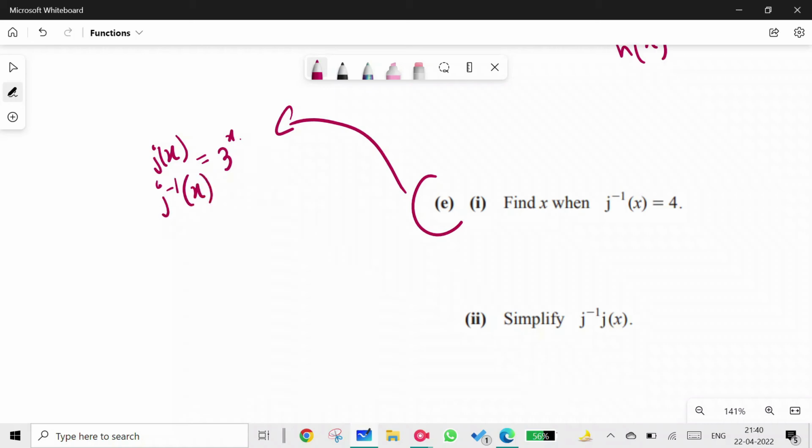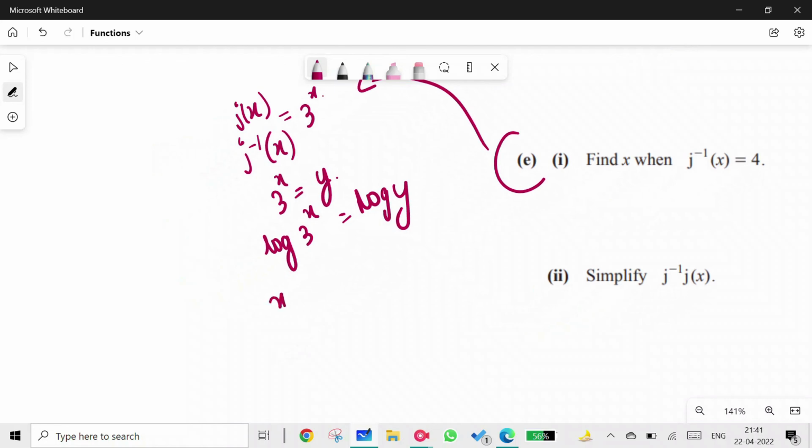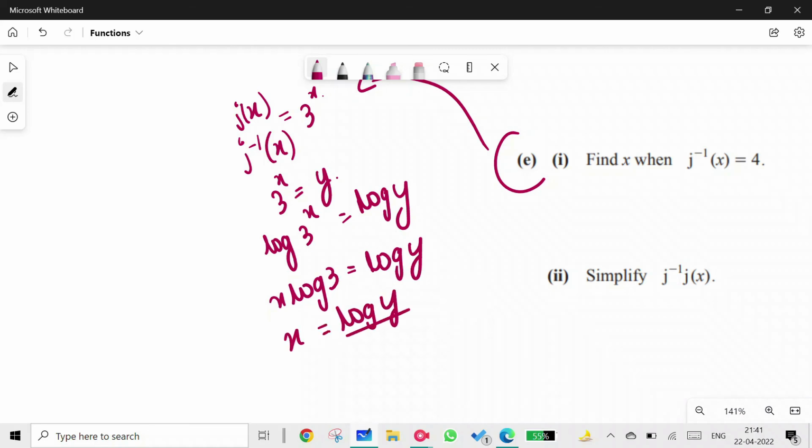So that would be basically 3 power x, let's equate it to y. Next, let's take log on both the sides so that we get rid of the power x. So this would be log y, and you get x log 3 equal to log y.